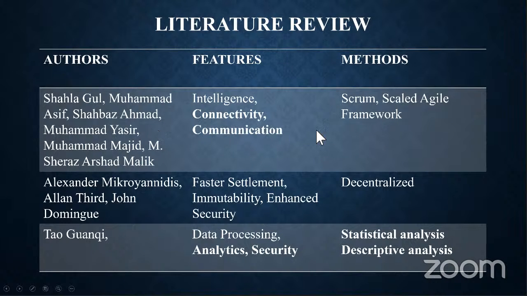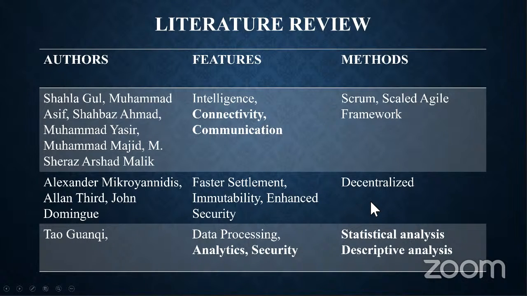The first one was the methods used in IoT, the Scrum and Scaled Agile framework, and its features are intelligence, convenience, and communications.